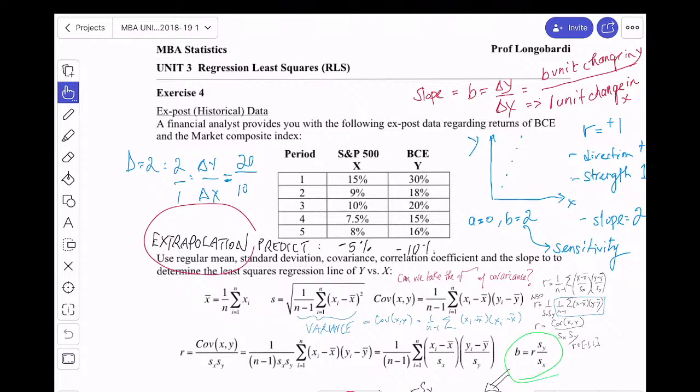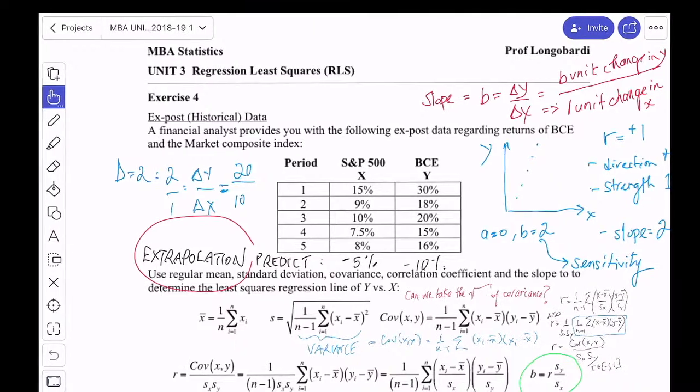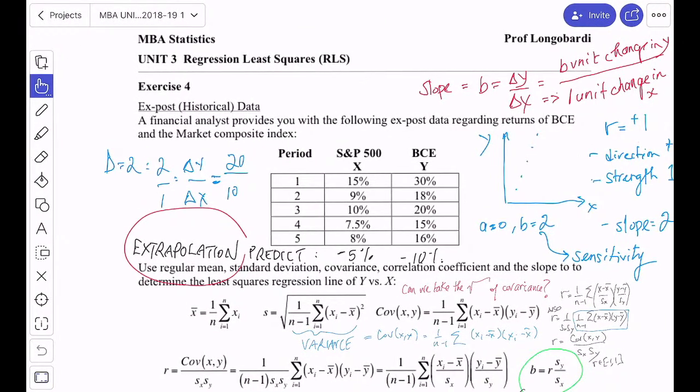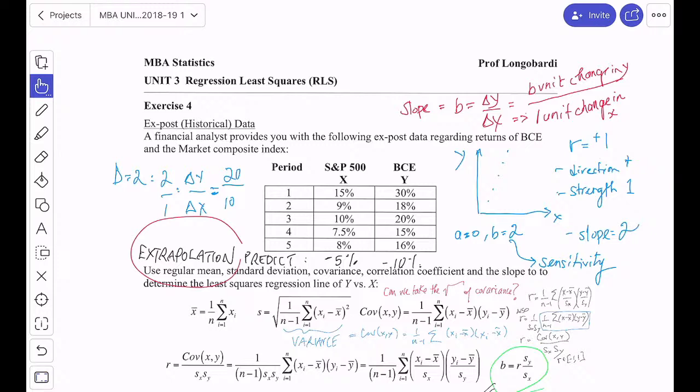So this was the mess we ended up with last class, and I asked you to work through this on your own. I asked you to make all these calculations.